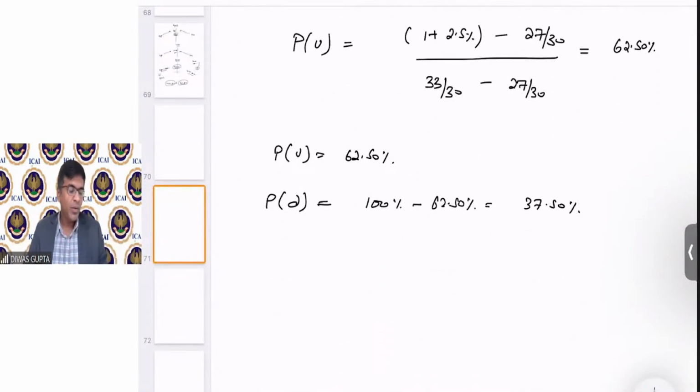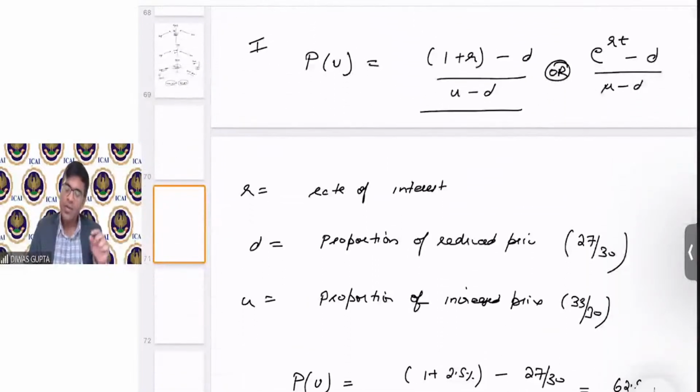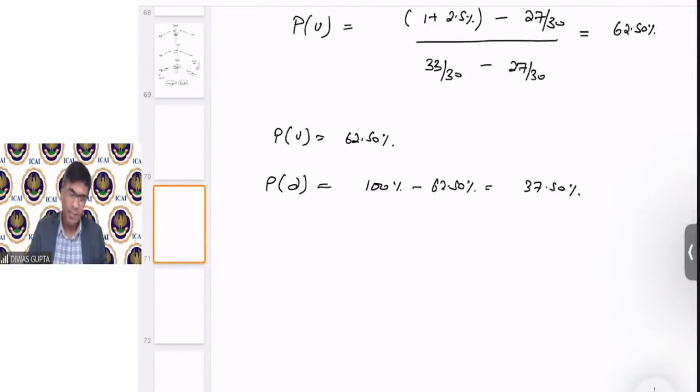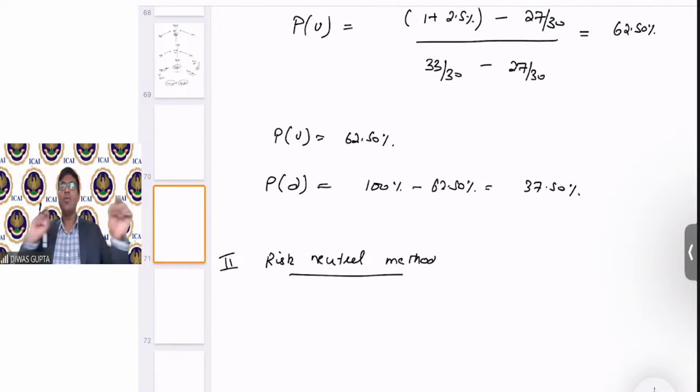Now the second way to calculate the probability, students, is called the risk neutral probability. So under the binomial method, this was the first method. And the second method, we also call it the risk neutral method sometimes. Now this risk neutral method is throwing up the probability numbers in a way that the risk will be neutral in both the possibilities.